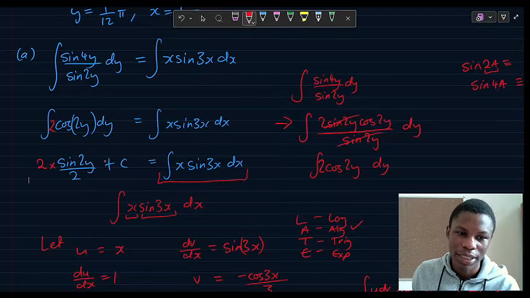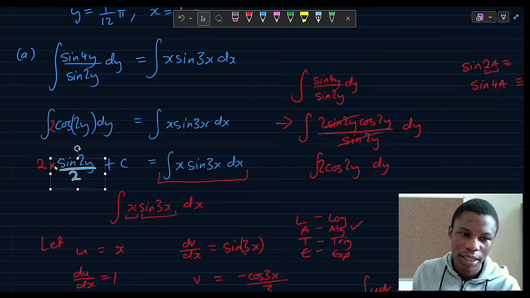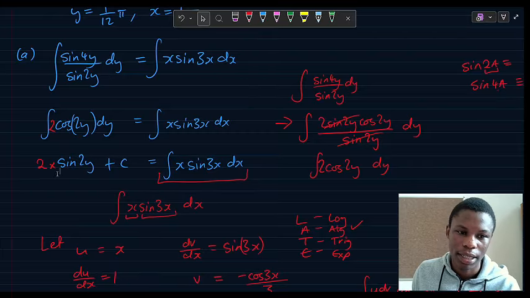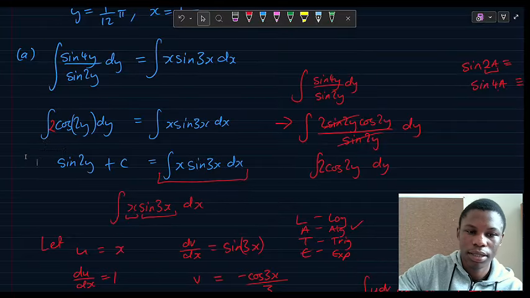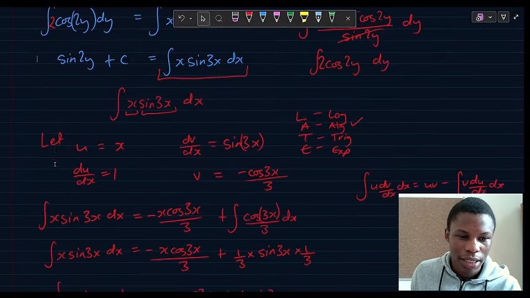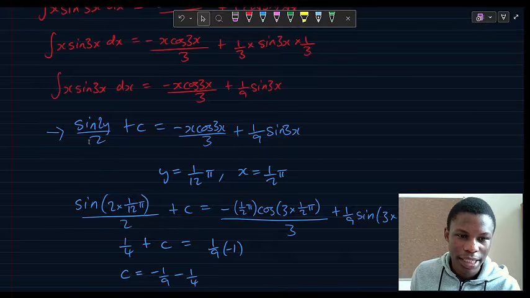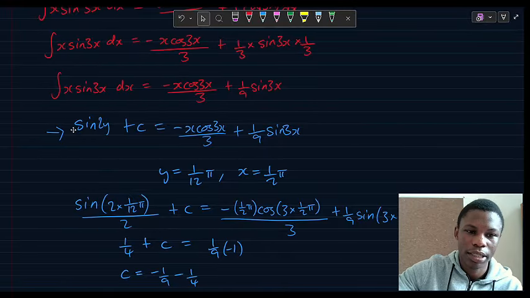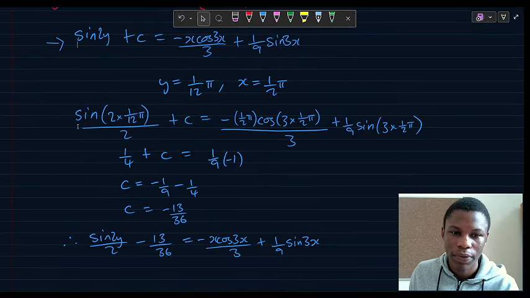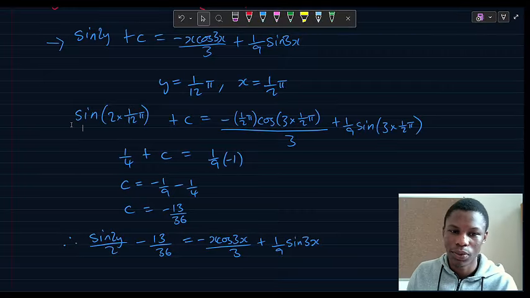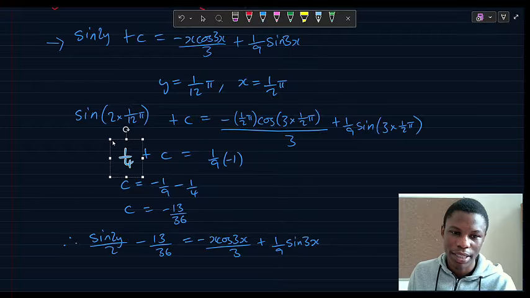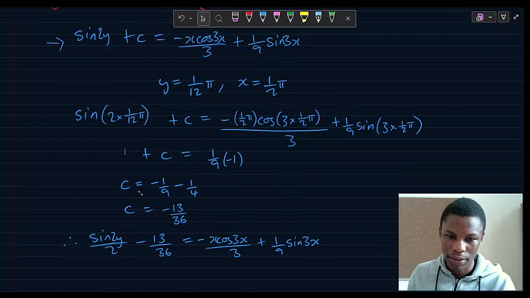So that should have been just sine 2y and nothing else, right? So this here should just be sine 2y. And so that means this calculation needs to be fixed as well.